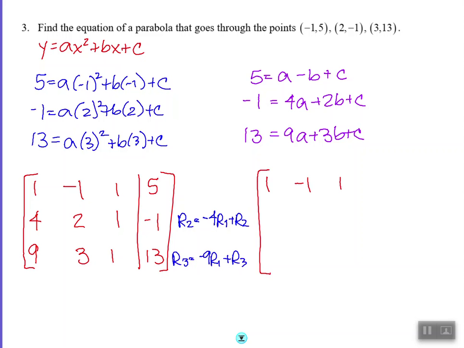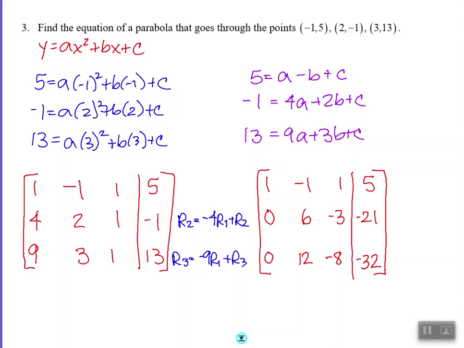So row 1 does not change. -4 times row 1 plus row 2 gives me -4 plus 4 is 0, 4 plus 2 is 6, -4 plus 1 is -3, and -20 plus -1 is -21. -9 times row 1 plus row 3 gives me -9 plus 9 is 0, 9 plus 3 is 12, -9 plus 1 is -8, and -45 plus 13 is -32.